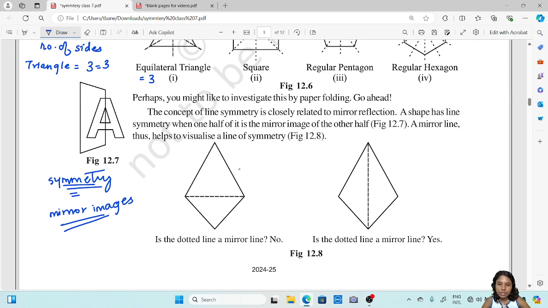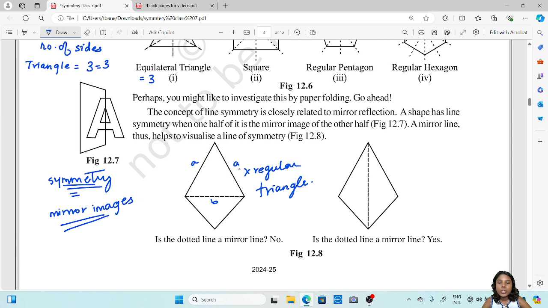Now look at this triangle. Is it a regular triangle? No, it is not a regular triangle. Why? This length A and A are equal, but this length here is quite smaller compared to A and A. So this is not a regular triangle, or not an equilateral triangle.